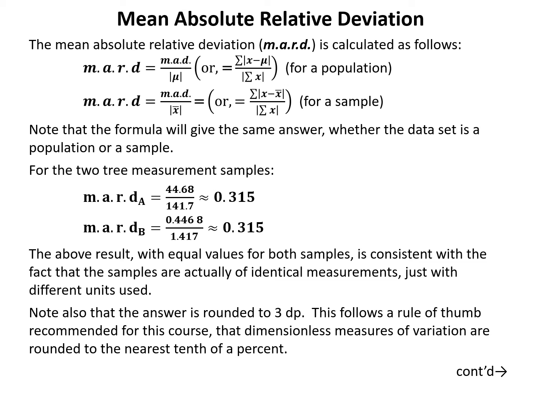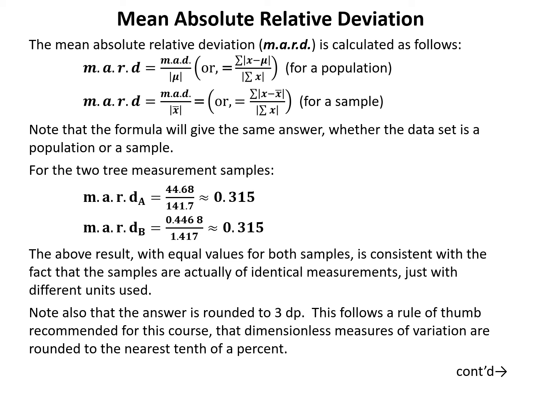In other words, the formula as shown not in the brackets above versus the equivalent formulas in the brackets. So we're going to use that more explicit version of the MARD formula here, and we'll calculate the MARD as equaling the MAD for the sample divided by the sample mean.